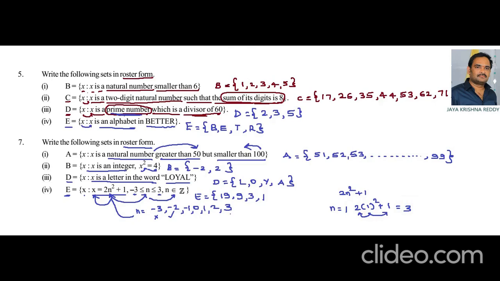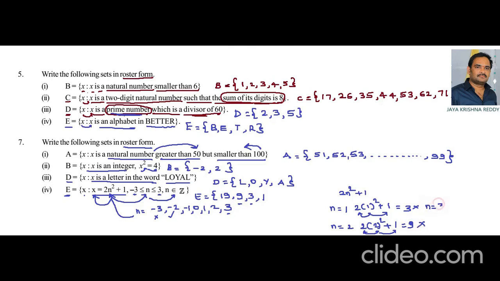But 3 is already written in the set, so no need to write it again. Now n equals 2. 2 times 2 square plus 1. 2 square is 4. 4 twos are 8 plus 1. This is 9. But 9 already exists in the set. So you need not write this also.